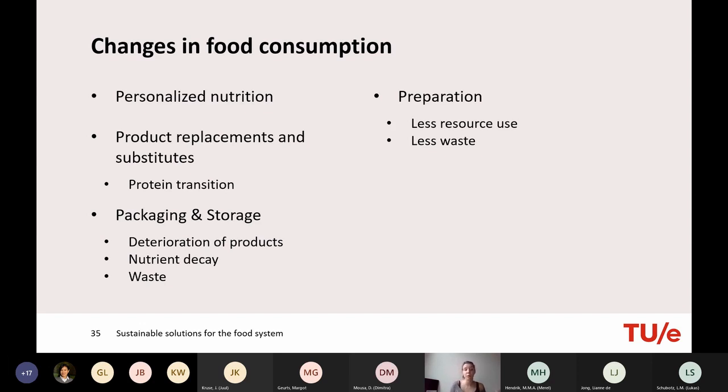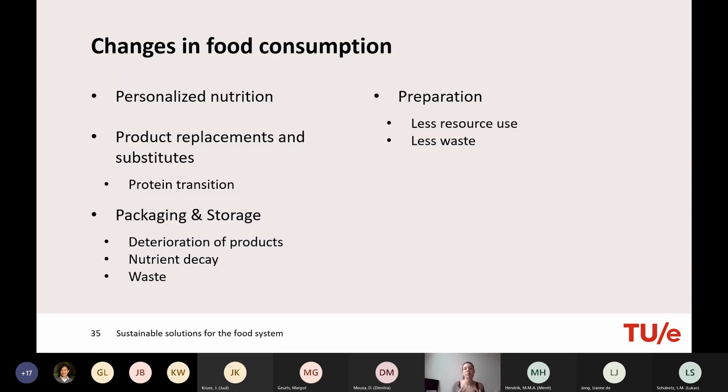We're also looking more into product replacements and substitutes, attempting a protein transition, so using less meat, as the environmental impact of meat is generally rather large, and switching more to plant-based products.